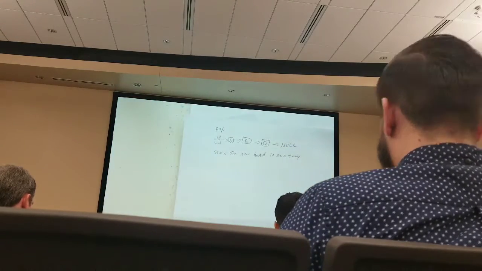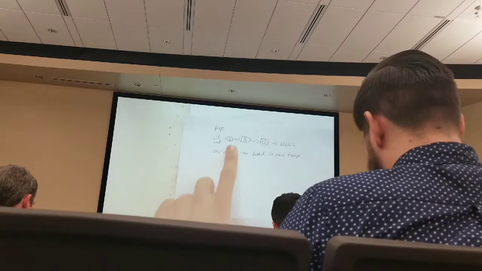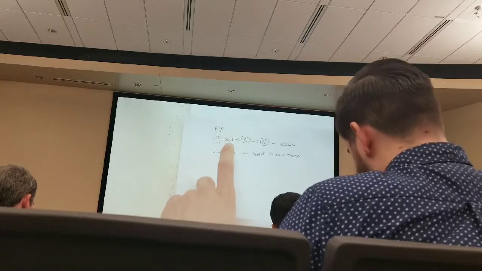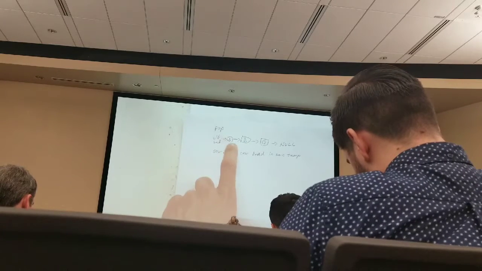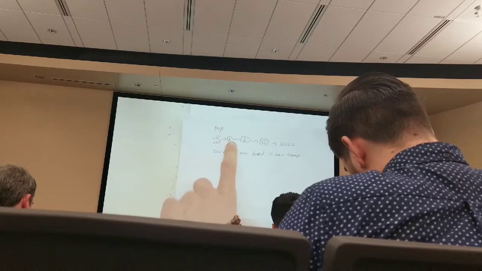And the reason why we want to store the new head first is because if we freed A before we access B using this pointer, we would end up dereferencing something that's already been freed. Like we'd basically be doing a use after free. And a use after free would be really bad.